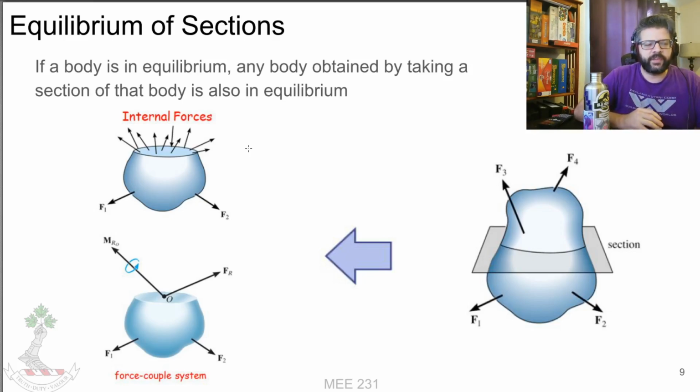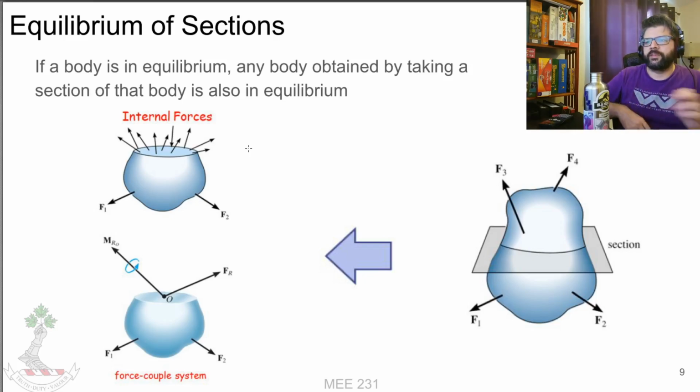So if a body is in equilibrium and you cut it and apply certain forces to that cut, if those forces are the same as the internal forces that would be generated based upon its loading conditions, then those forces describe the internal forces of that body under its loading condition.